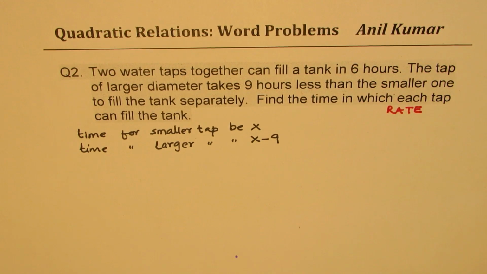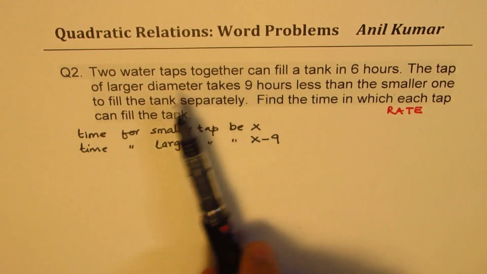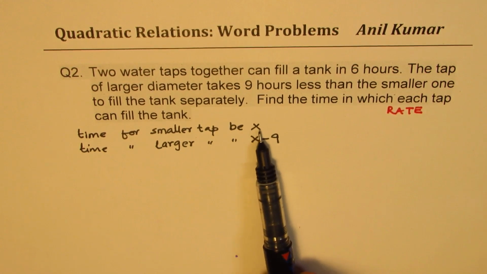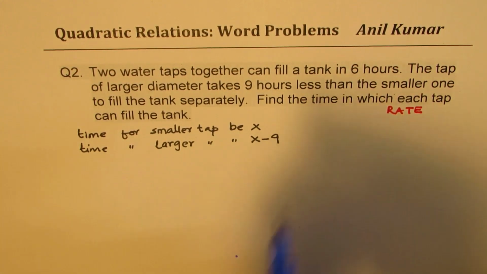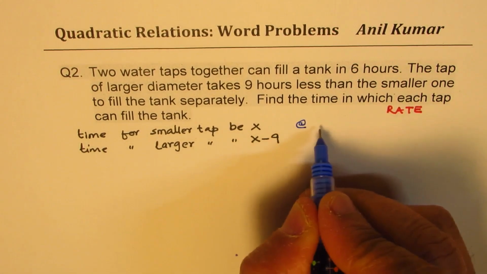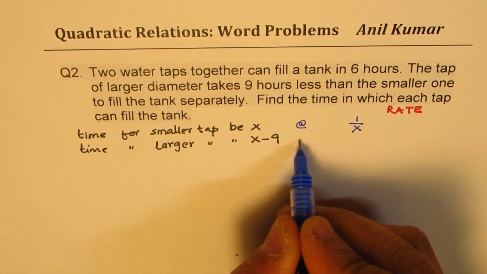Rate is time taken to do 1 unit of job, right? So this is the complete job. So time for the whole tank to fill, that is 1 unit, is x. So what is the rate for this? So that means the rate for this is 1 over x. Do you see that? And what is the rate for the larger one?